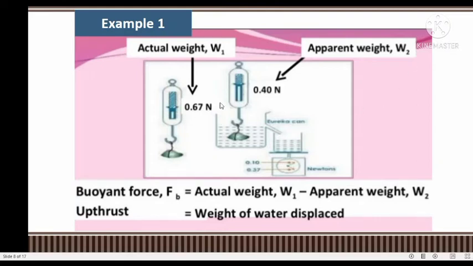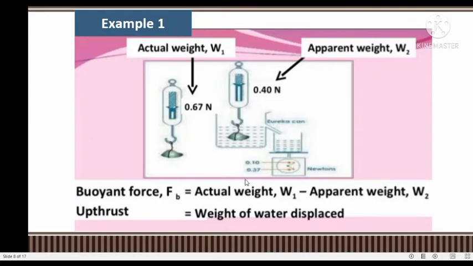Why is there weight loss? The weight loss actually represents the buoyant force FB. Thus, buoyant force equals actual weight W1 minus apparent weight W2. So W1 minus W2 equals FB.